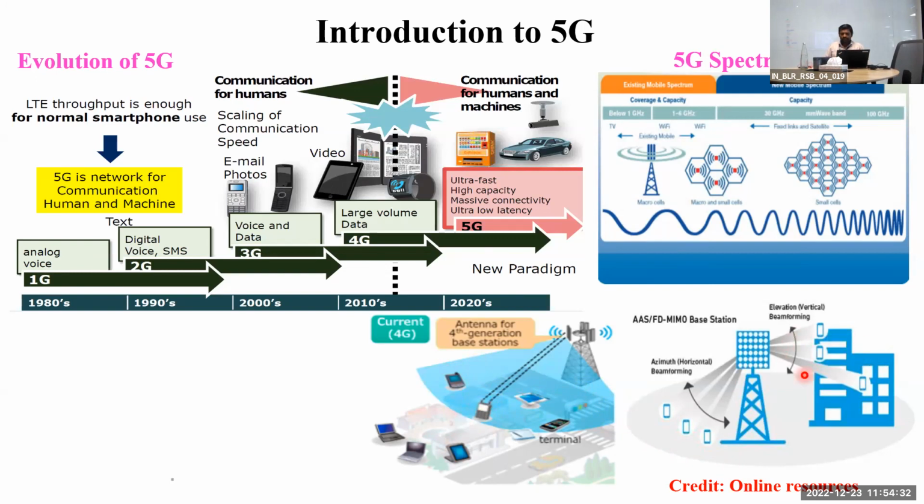So therefore they introduced the beamforming technique, where you can focus your energy towards the particular user. The technology is introduced with the help of massive MIMO and also the traditional MIMO radios. In traditional MIMO radios, for example, 8T8R or 16, you will have fixed beams.